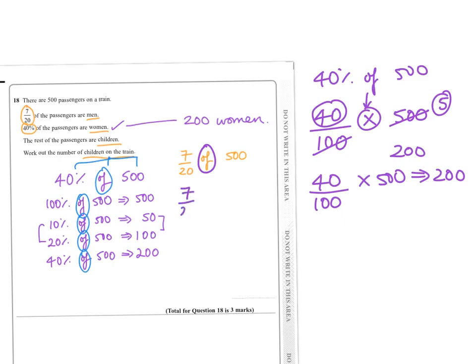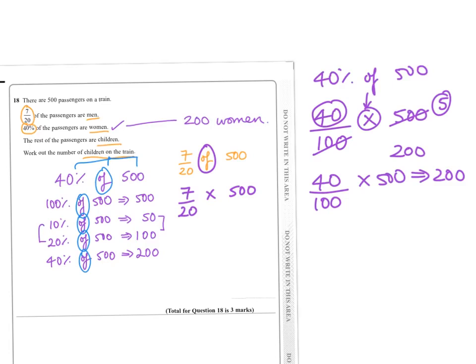So you'd have 7/20ths times 500. So if you had a calculator, and this paper is not a calculator paper, you would do 7 divided by 20 times 500, or 7 times 500 divided by 20 and get an answer. But as this is a non-calculator paper, we've got to try and find another way of looking at this.